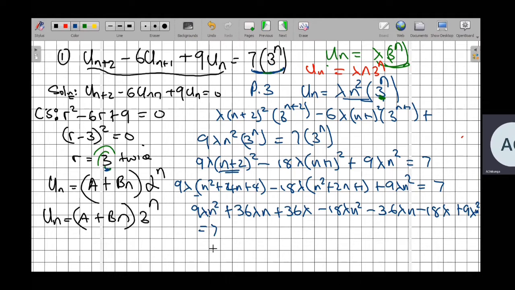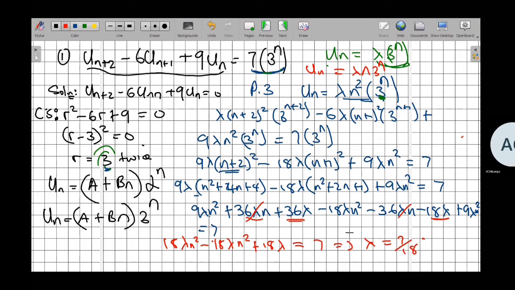When I combine them, we're going to have 18 lambda n squared minus 18 lambda n squared, isn't it? Then we've got 36 lambda here. This one will cancel this one, correct? And this one is going to be with this one. So that's going to be 36 minus 18, which is just 18 lambda is equal to 7, right? So eventually we are going to get lambda is equal to 7 over 18.